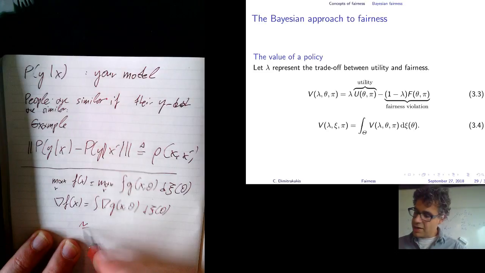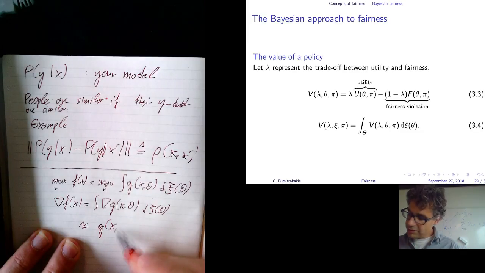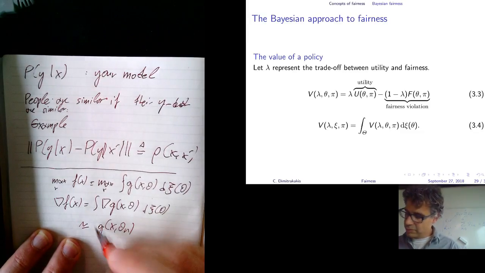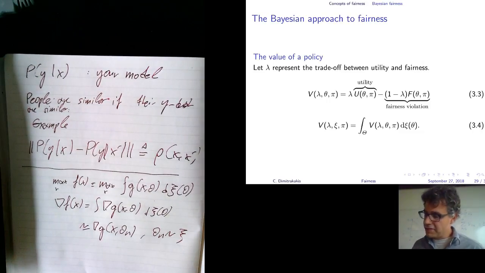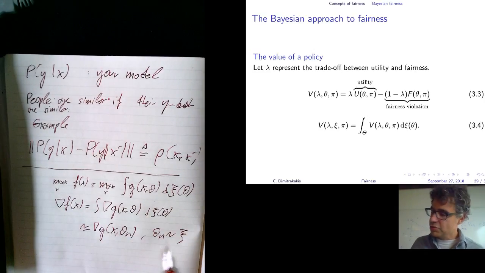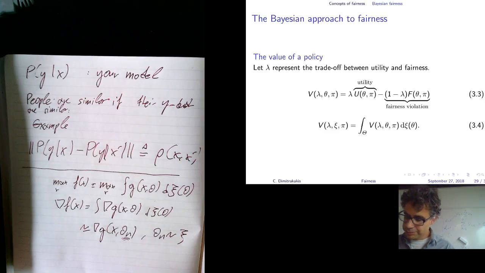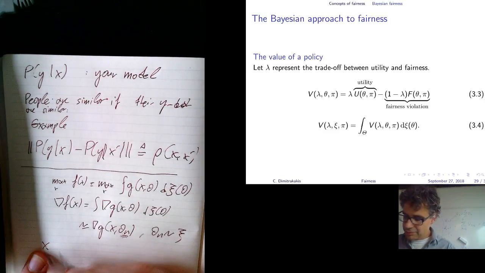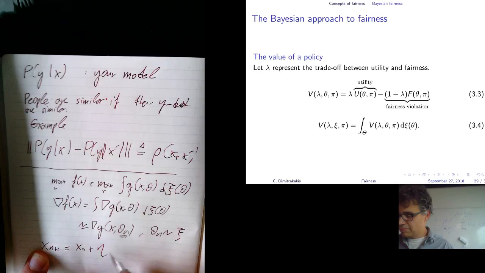Now this is approximately the same as taking the gradient of g of x and theta n, where theta n is sampled from C. So instead of calculating this integral and doing something very complicated, you sample theta, then you calculate the derivative of this function with respect to this specific theta that you chose, and then say x n plus 1 is equal to x n plus some step size times that.